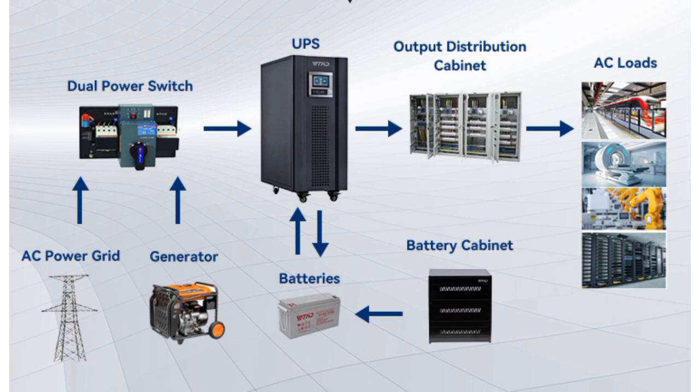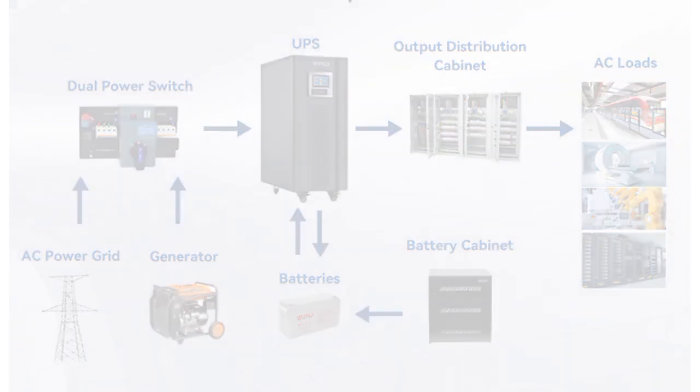UPS systems are commonly designed in modular N+1 configurations. If one UPS module fails, the remaining modules continue supporting the load. Most systems also include static bypass and maintenance bypass capability to allow servicing without shutting down operations.